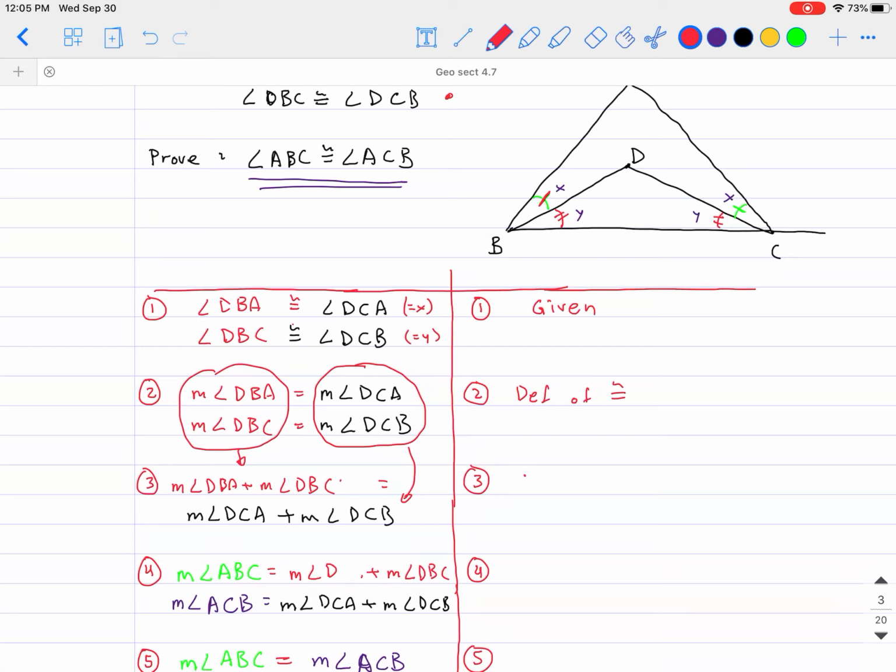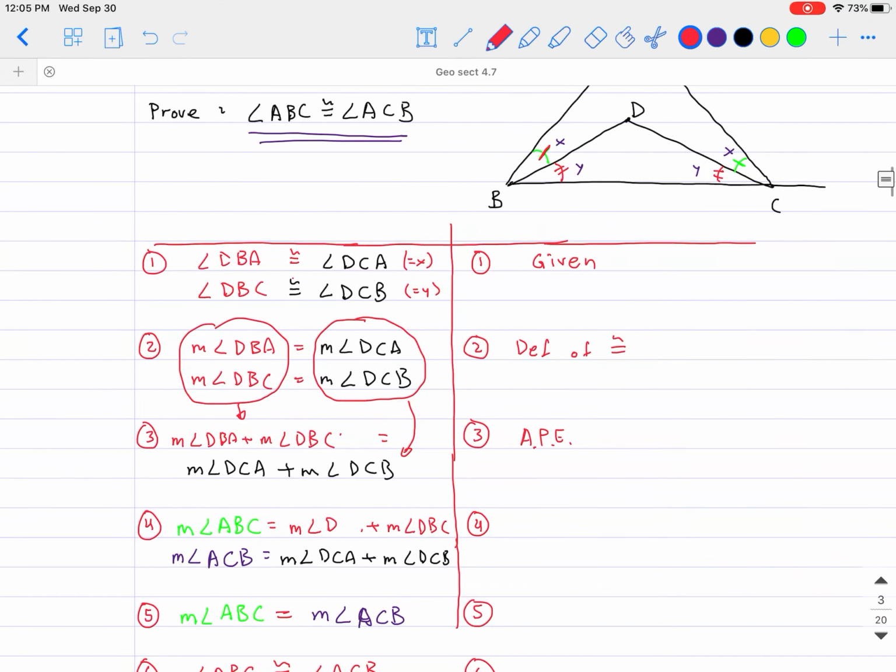So that right there is going to be called the addition property of equality. Careful, it is not the same thing as the angle addition postulate, because while we are adding angles together, we're adding equations that are equivalent on both sides. That's what we're actually doing from step 2 to step 3.